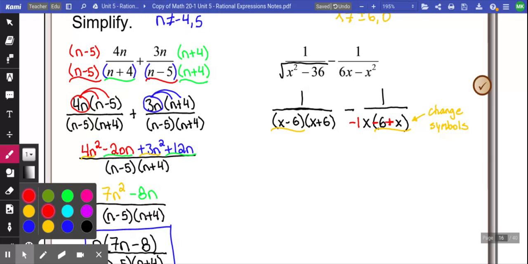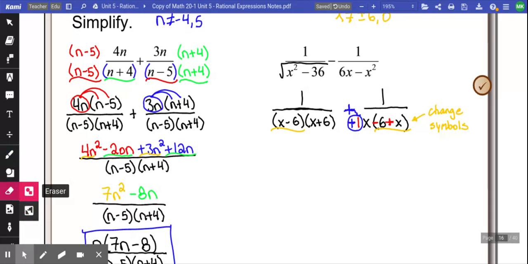And the reason that's good for us is now it's one less thing I have to worry about when I'm getting my common denominator, because it's already common in both fractions. Cool. The next best thing about what we just did is we learned a long time ago in Math 9, when you have a negative like this, it can float out to the top or it can float out front, which means instead of making this a subtraction question, I can float it out front to make it a positive question.